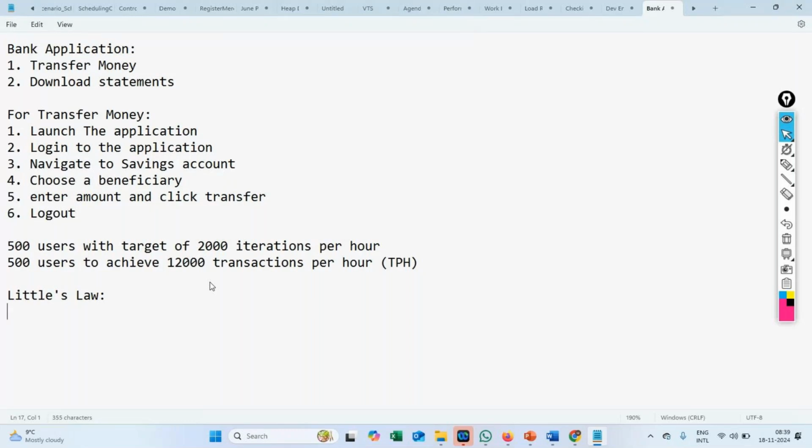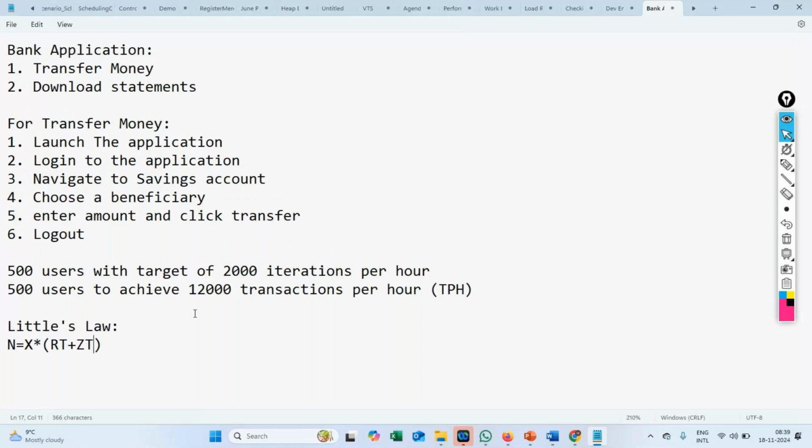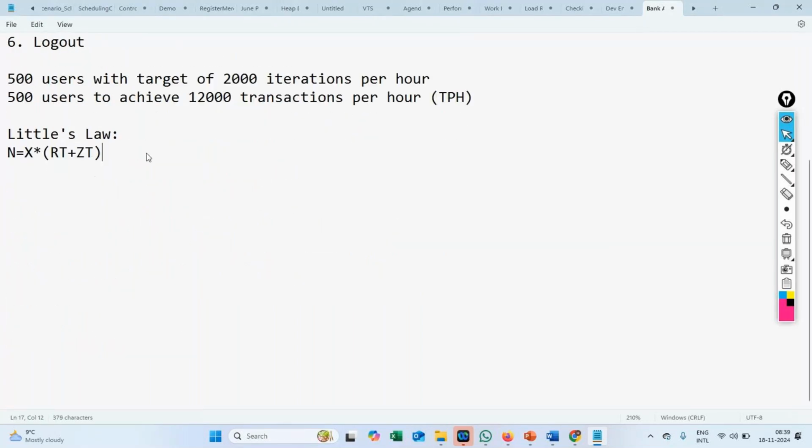The formula is N = X × (RT + ZT). Just try to understand this formula. Here N equals number of users, X equals TPS, transactions per second, or people call it throughput also.